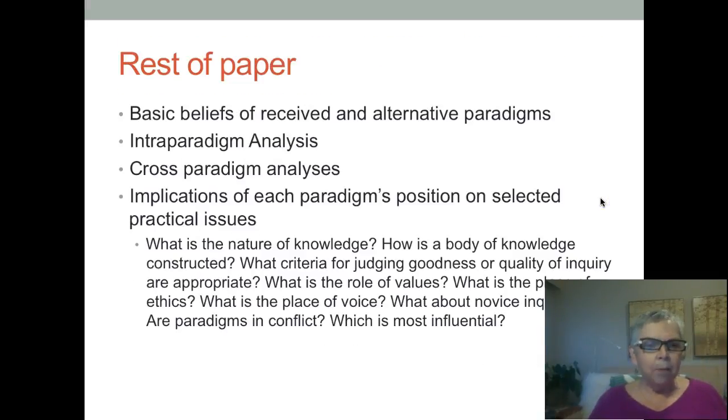And in the rest of the paper, then, we talk about basic beliefs of received and alternative paradigms, an interparadigmatic kind of analysis between these four paradigms, a cross paradigm analysis, which is very interesting. And then finally, and I think in some ways most interestingly, the implications of each paradigm's position on selected practical issues. So they talk about what is the nature of knowledge.